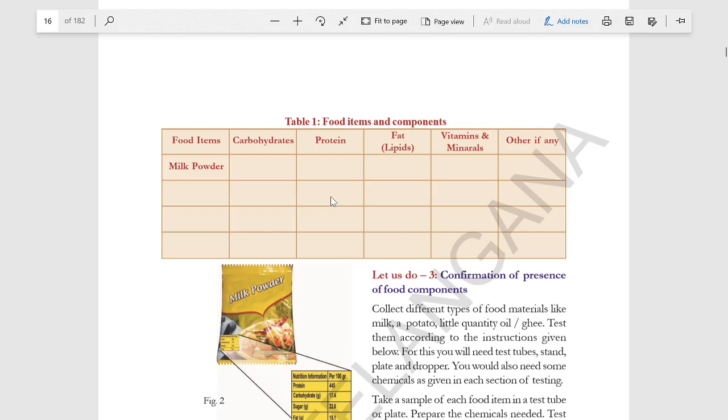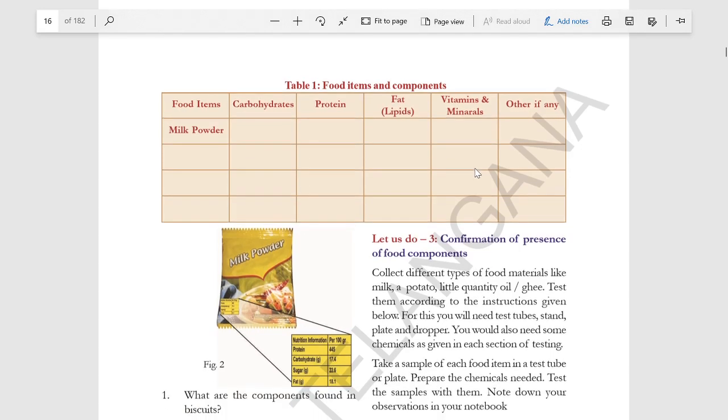So what are carbohydrates? These are macronutrients. Macronutrients means they are required in larger amounts, and micronutrients are required in trace amounts. Carbohydrates are found in many foods and beverages, such as rice, cereals, wheat, baking items, and also in packed food.